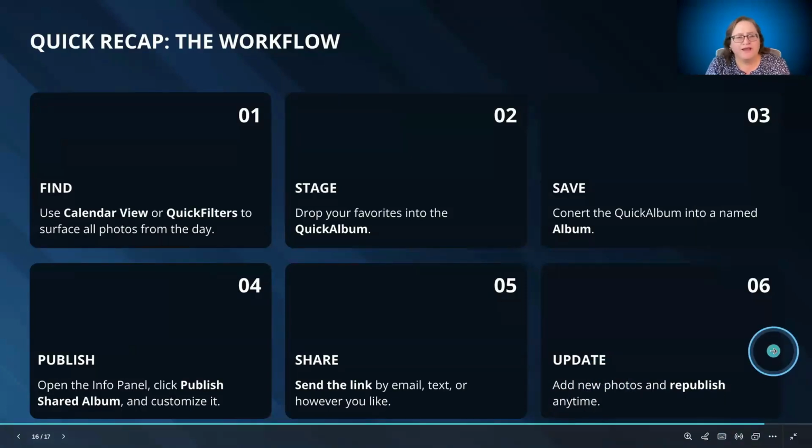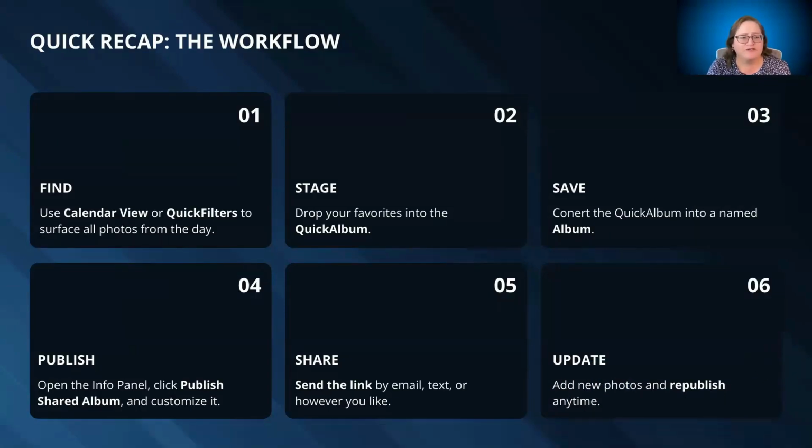So just a quick recap here on your workflow. What you're going to do is use calendar view or quick filters to find all of the photos from your special event. In this case, we're looking at a graduation, but it can be whatever special event you are working with. Use the quick album, that thing at the bottom of the screen, to stage your favorites.